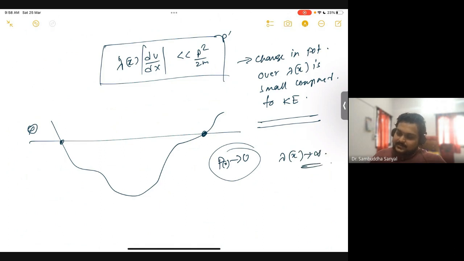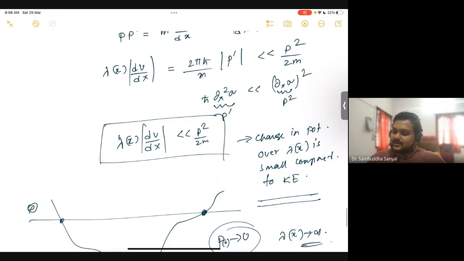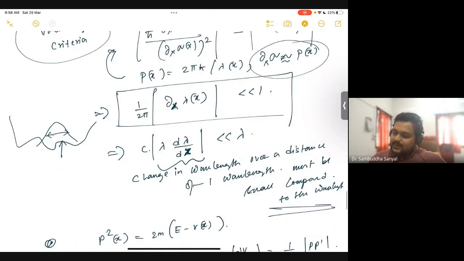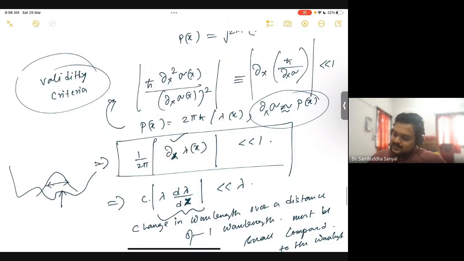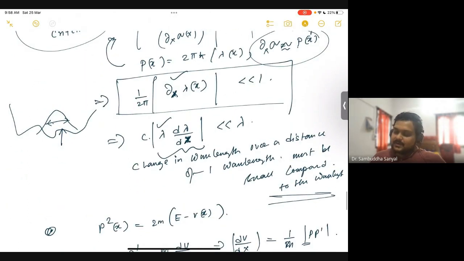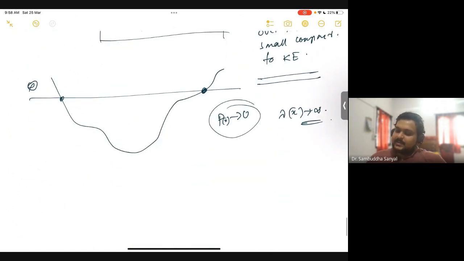So obviously, if my p goes to 0, this quantity cannot be smaller than this, or this quantity cannot be smaller than lambda. So this kind of problem will start appearing near the turning point. This whole picture fails near the turning point.